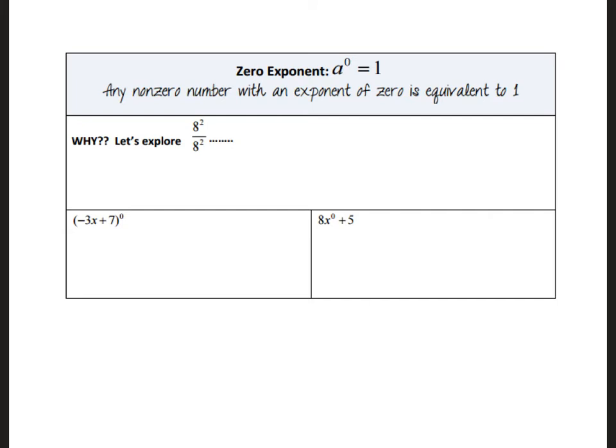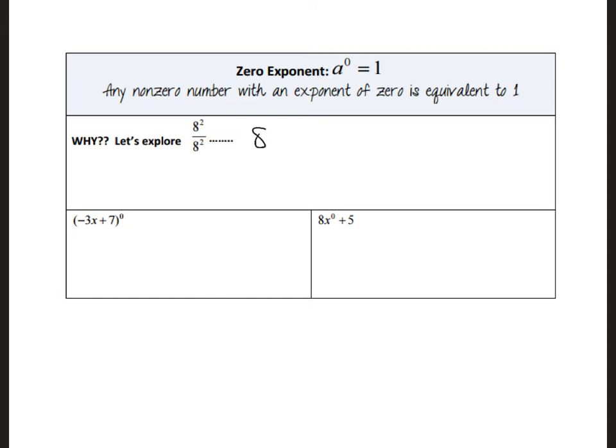Something to remember here is the 0 exponent. When you raise a non-zero number to an exponent of 0, you get 1. And here is a way to illustrate that. If I have 8 squared divided by 8 squared, there are 2 ways to do this one.